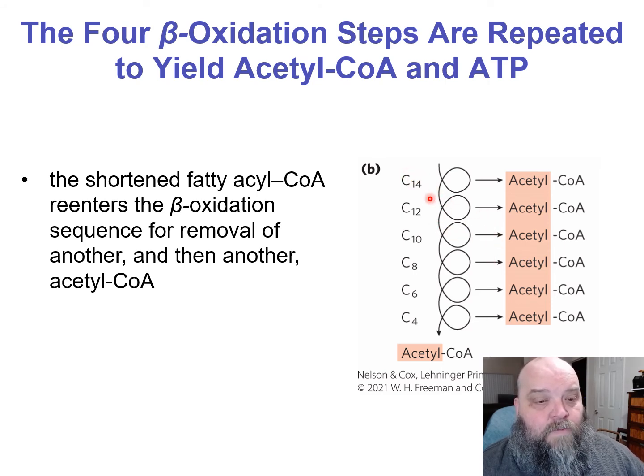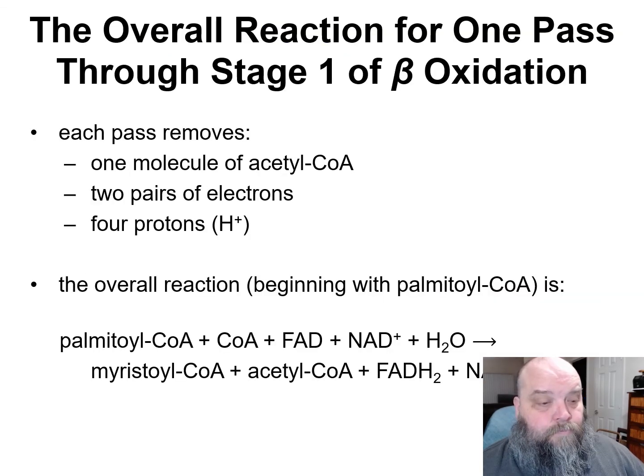So you go from C14, C12, C10, C8, C6, C4, and once you cut the C4 in half, you end up with 2 acetyl CoAs. All of these acetyl CoAs are readily available to enter into the citric acid cycle. So every time it goes through that beta oxidation, you're removing 1 acetyl group. 2 pairs of electrons, 4 hydrogens, 4 protons.